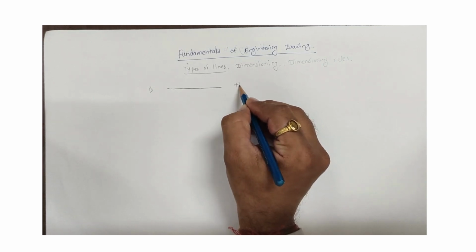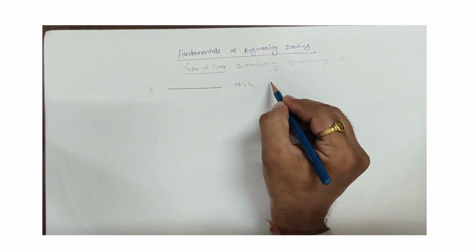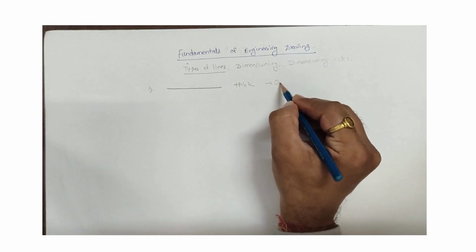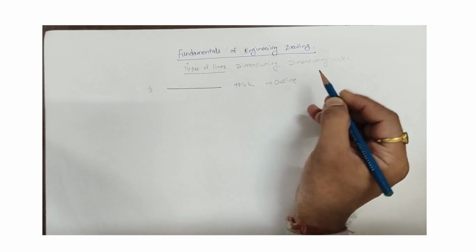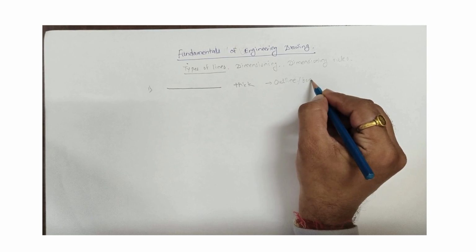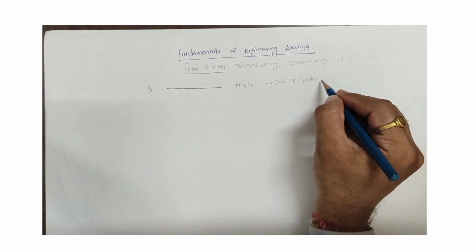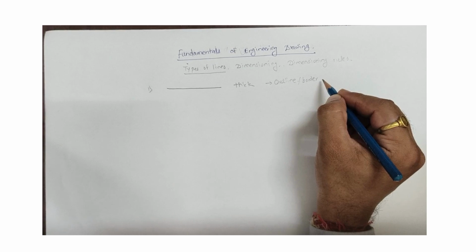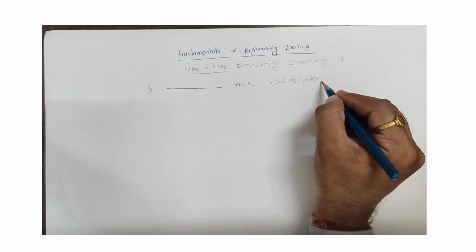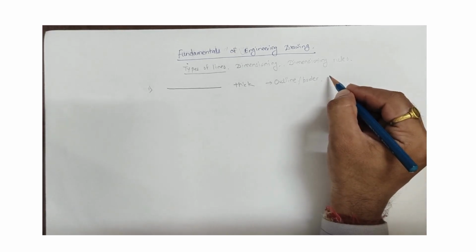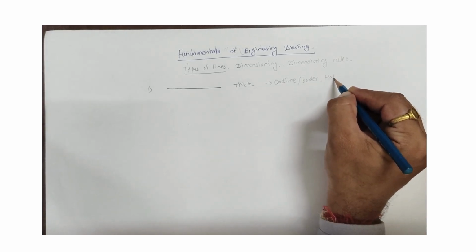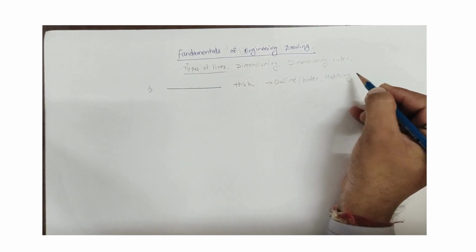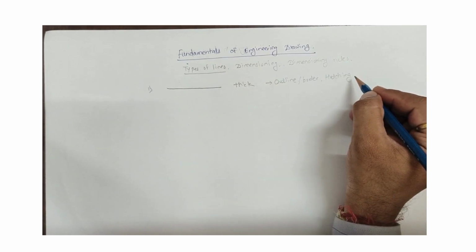This thick line is generally used to show the outline or border, which is the actual existing part of an object. It is also used to show the hatching line. A hatching line is nothing but an inclined line, inclined at an angle of 45 degrees with uniform spacing.